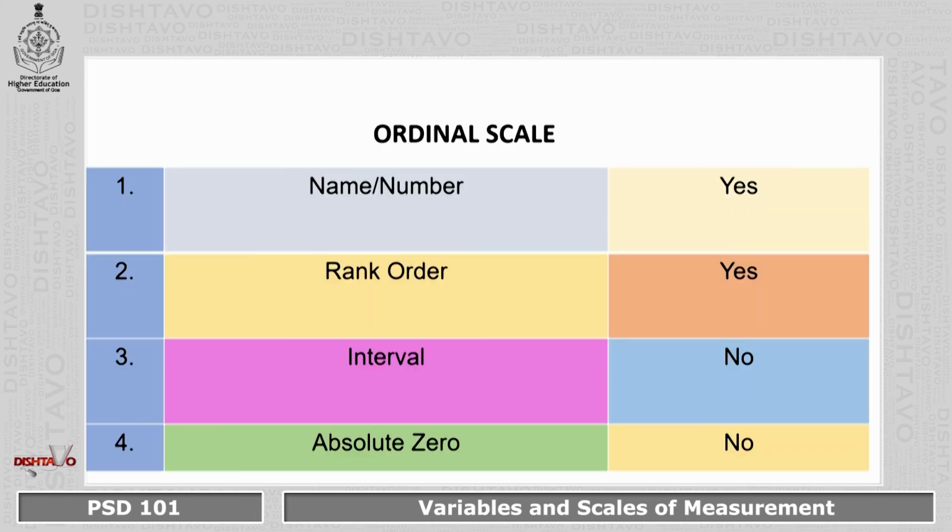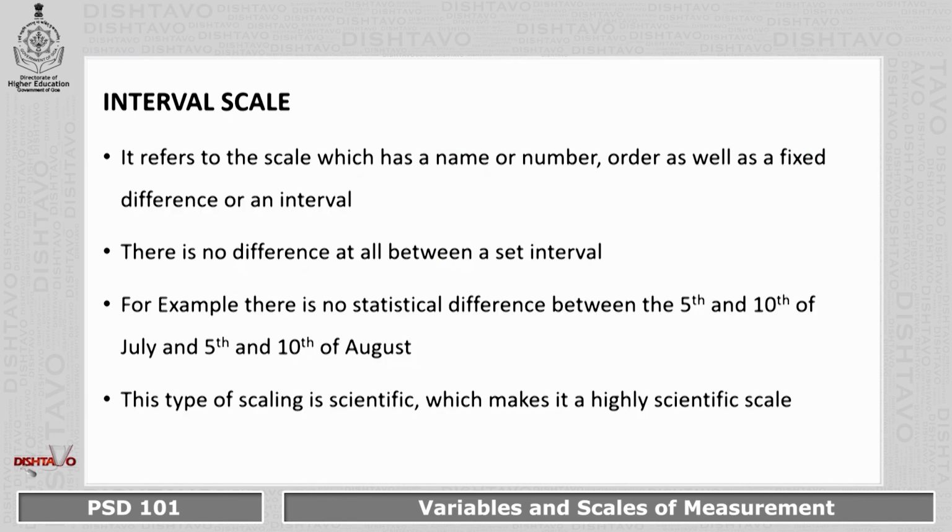Coming to the ordinal scale, it moves up in a hierarchy. So it has name and number, it has rank and order, but it does not have interval and it does not have an absolute zero. So let us go to a better type of scale. This is called the interval scale. The interval scale is the one that has name or number as well as a fixed difference or interval.